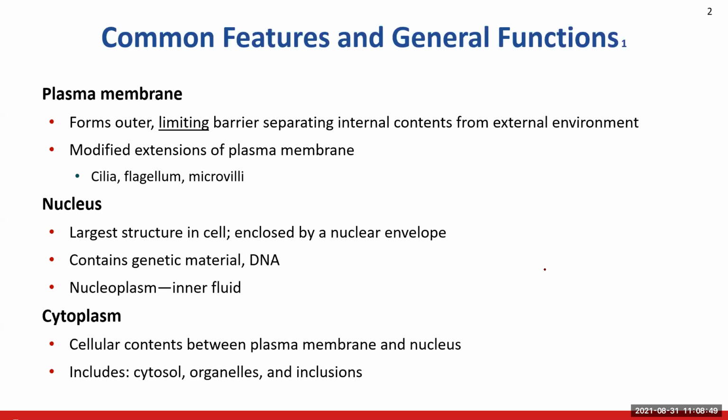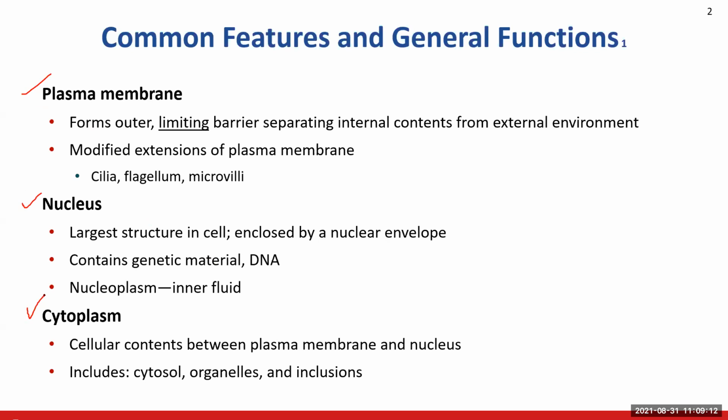So let's start off with some of the common features of the cell. There are 3 parts to the cell. You've got your plasma membrane, you've got your nucleus, and the cytoplasm. The plasma membrane is the outer covering of our cell.